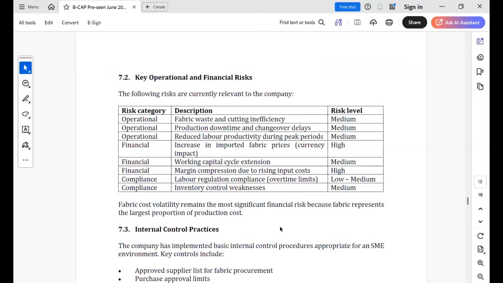So then fabric cost volatility remains the most significant financial risk because the fabric represents a larger proportion of production cost. So now fabric cost is the main raw material cost, right?